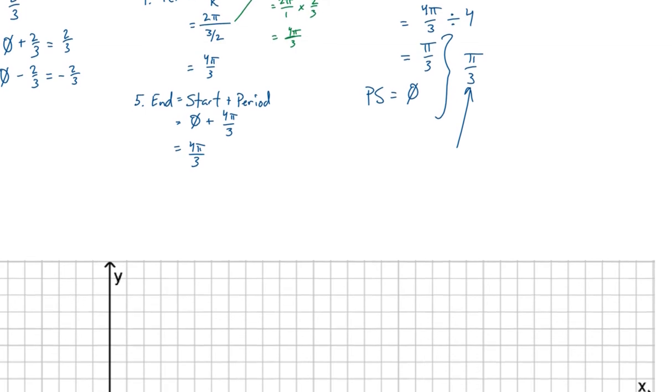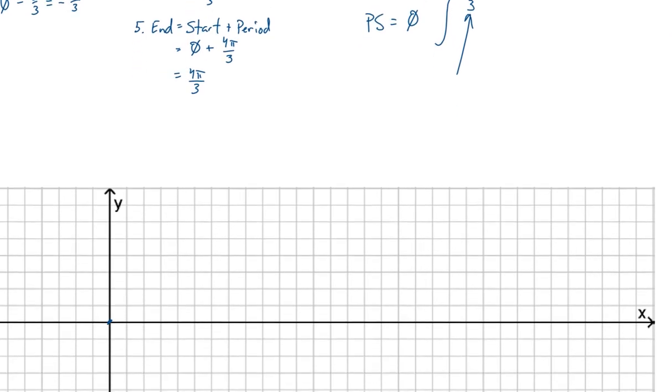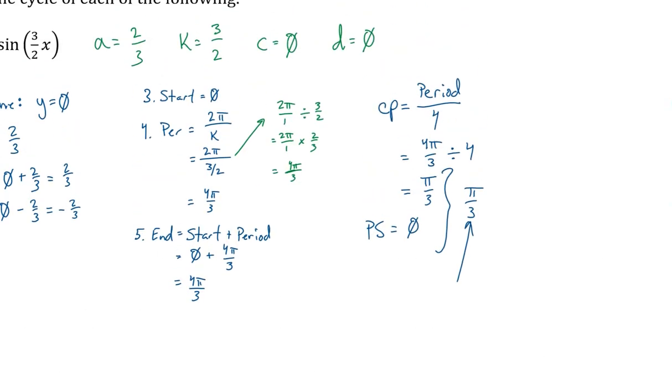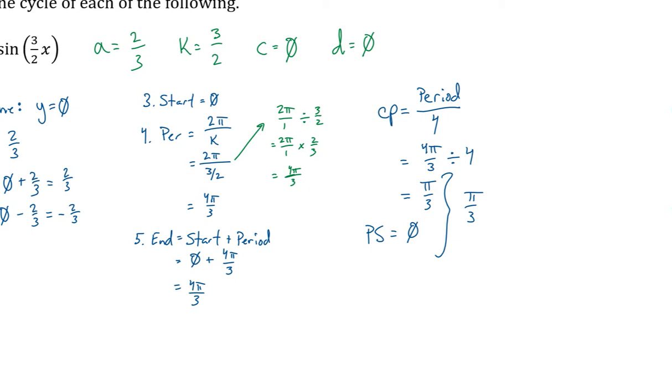If it was pi by 3, then my points would just go there, there, there, there, there. Well, that's too small. You're not allowed to have it be that small. So I'm just going to make this 3 squares.